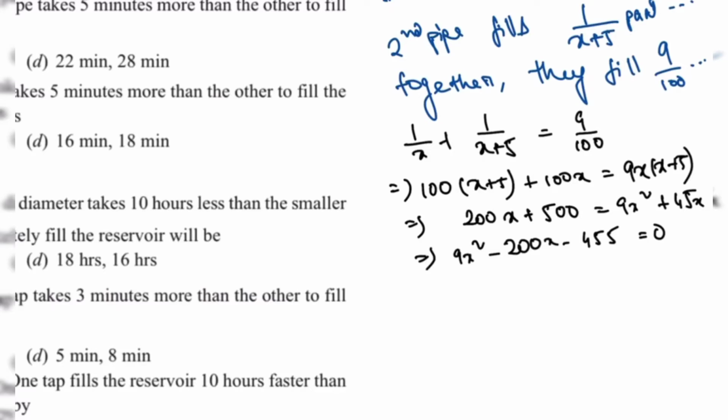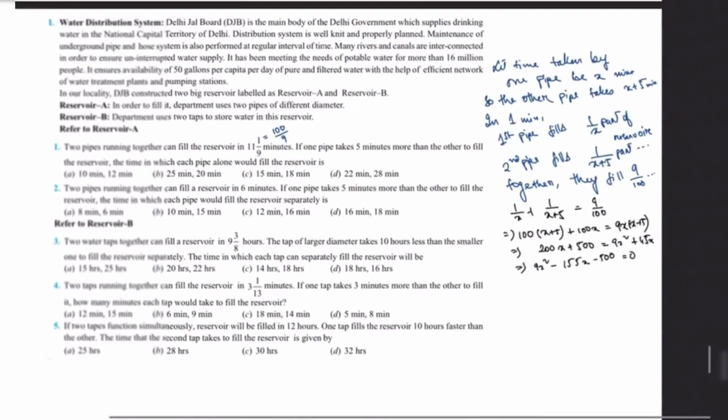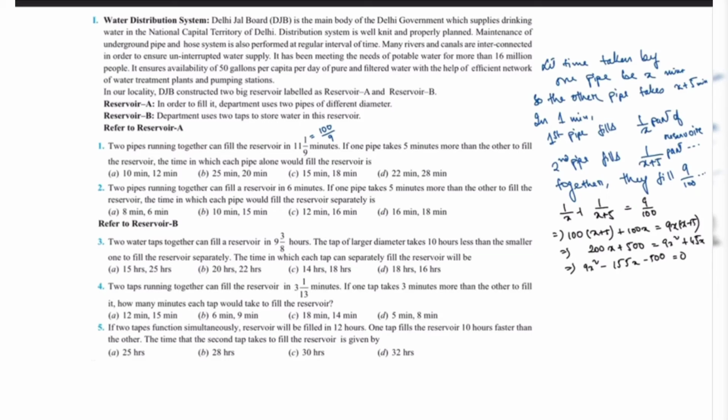So what are we saying then? That 200x minus 45x is 155x, and then you have a minus 500. This still does not solve our problem though, because you see product of the roots is clearly an integer, and that's something that we are not getting in here.